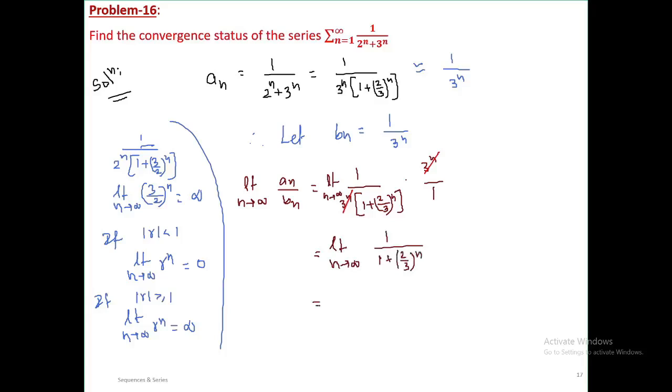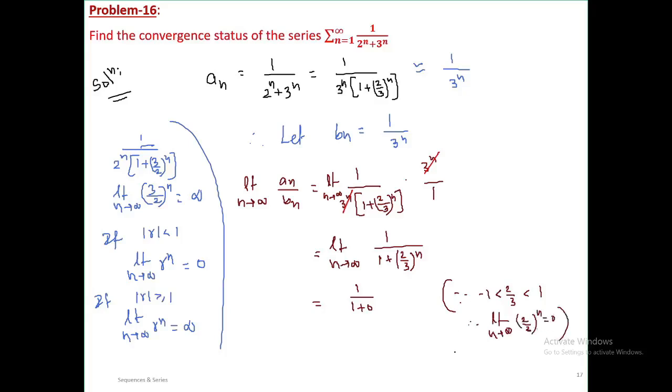Now this will be 1 by 1 plus 0, because 2 by 3 lies in the interval minus 1 to plus 1. So therefore limit n tends to infinity, 2 by 3 power n is 0 directly.